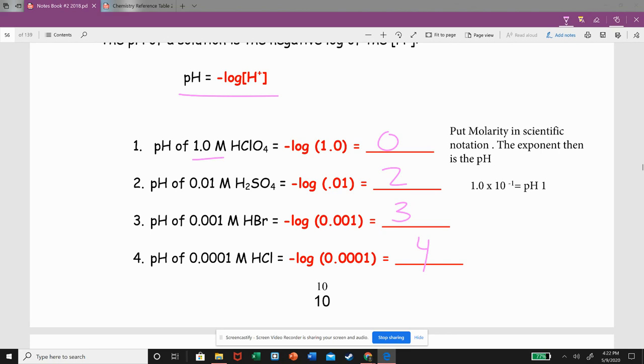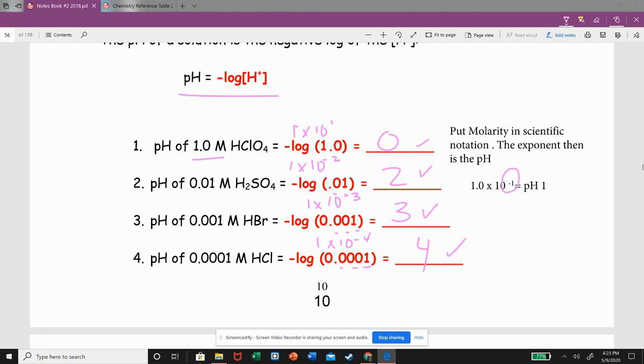So that's 2 places after the decimal, 3 places after the decimal, 4 places after the decimal. Let's put these in scientific notation. This is 1 times 10 to the power 0. This is 1 times 10 to the minus 2. 1 times 10 to the minus 3. 1 times 10 to the minus 4. Do you notice something about the scientific notation and the pH values from here?